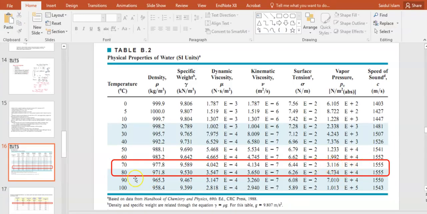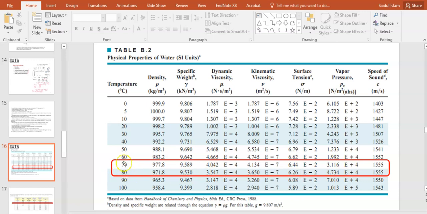This value is in between these two. You see it is 3.116 and 4.734, so we can clearly see that the pressure is in between these two values, and the corresponding temperature for 3.116 is 70, and for 4.734 it is 80.